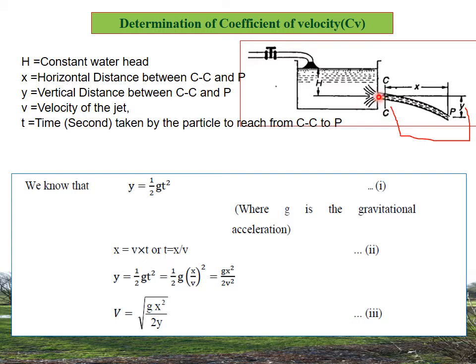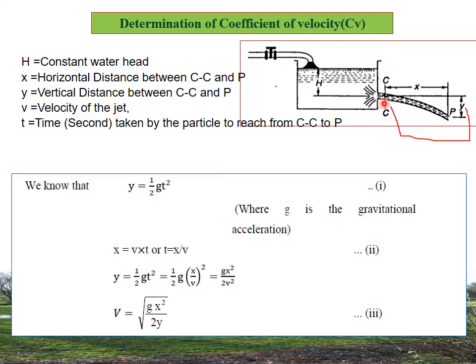Take one measuring tank, and this is the orifice. Whatever liquid is there will pass out and fall into the measuring tank.